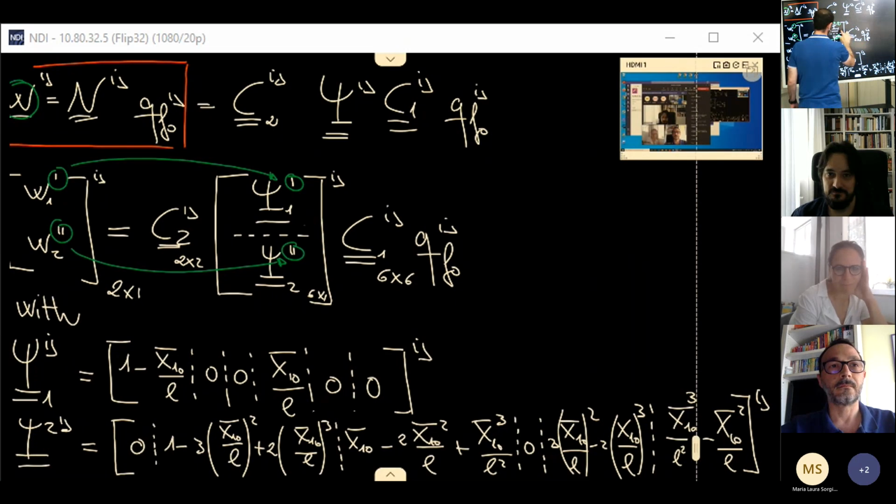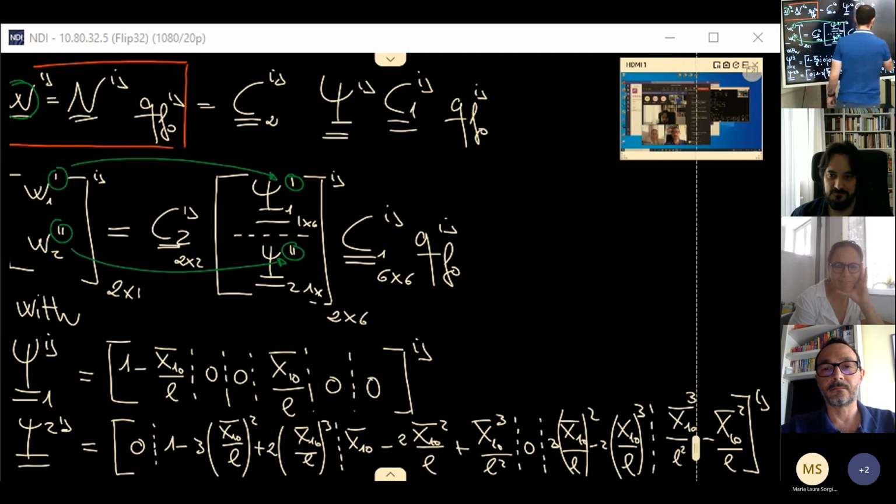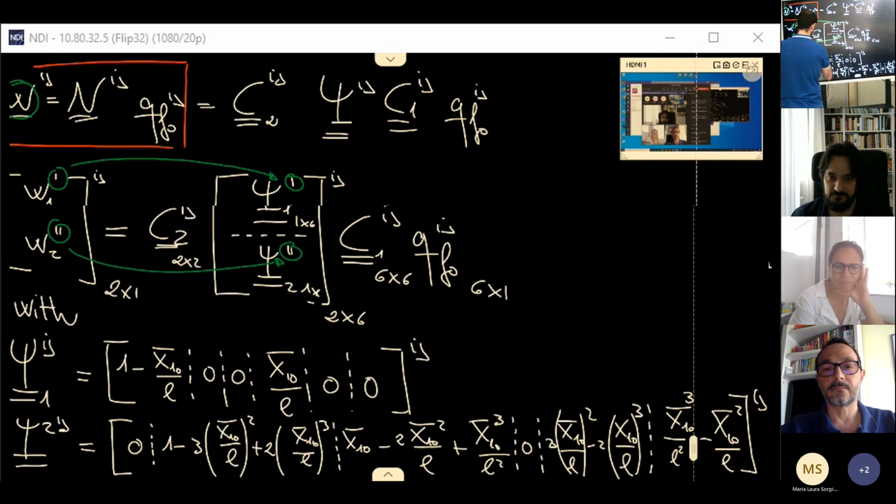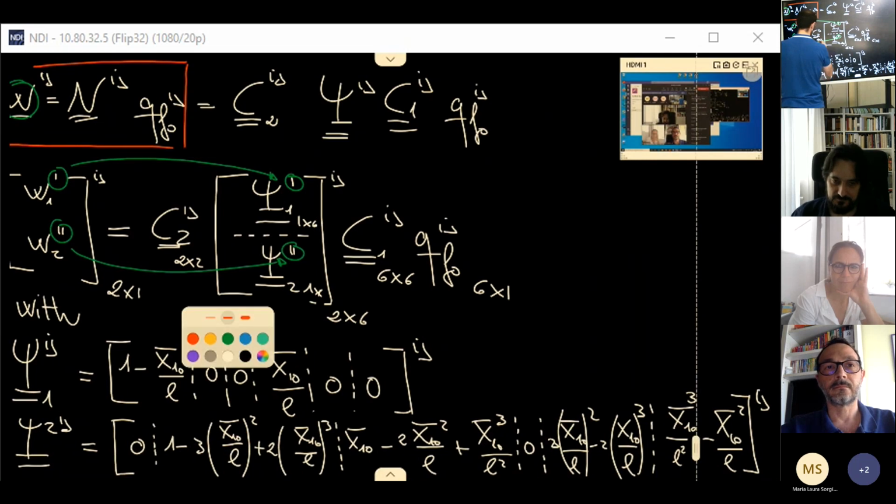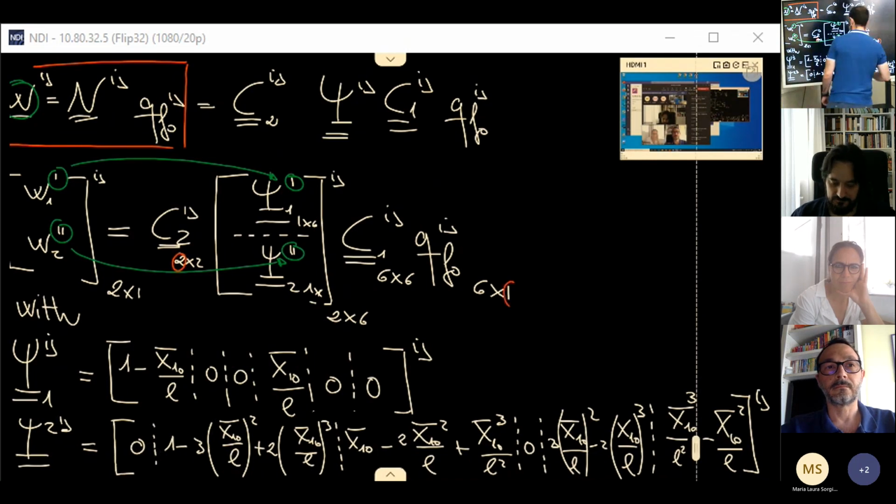Sorry, this is a row, so it's a 1 times 6, and this is a 1 times 6. So this is a 2 times 6. And it fits. And this is a 6 times 1. So this means that eventually we get what we were expecting. Please do not get confused. So these here, they are row vectors, as in fact we have seen here.